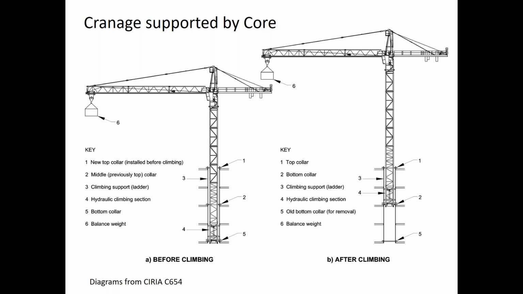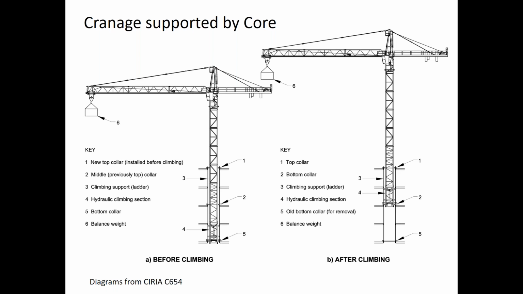These diagrams are taken from CIRIA guides relevant to this presentation, and give an idea about how it works structurally. It's similar in terms of support arrangements to a placing boom, but the loads would be much greater for a heavy crane than for a typical placing boom. It works in a similar way in terms of the vertical loads from the mast taken on the permanent concrete slabs.